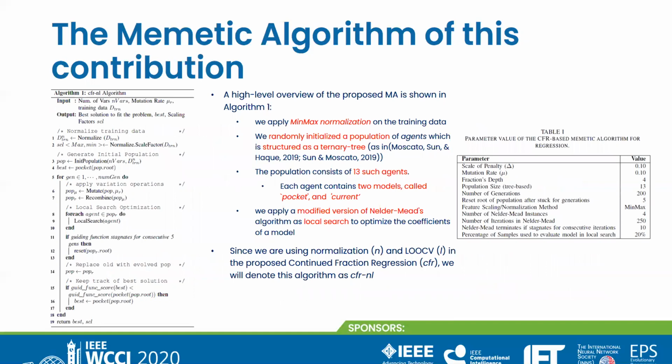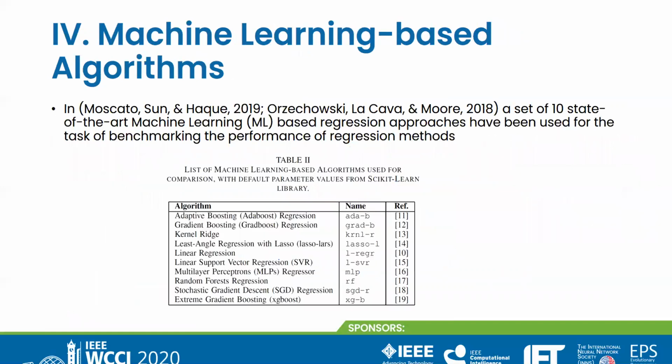So details of the memetic algorithm are given in the paper and also in the arXiv, and I will recommend you to go and see them there because it probably will take some time until I explain it all in detail, but it's an evolutionary optimization technique.